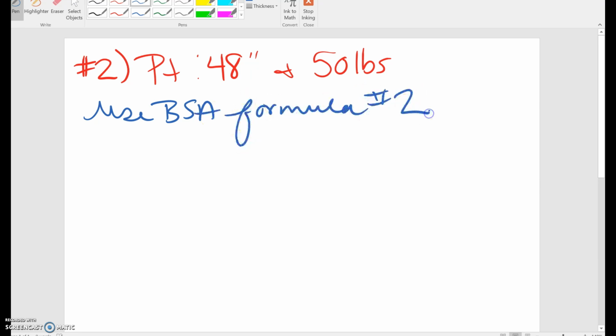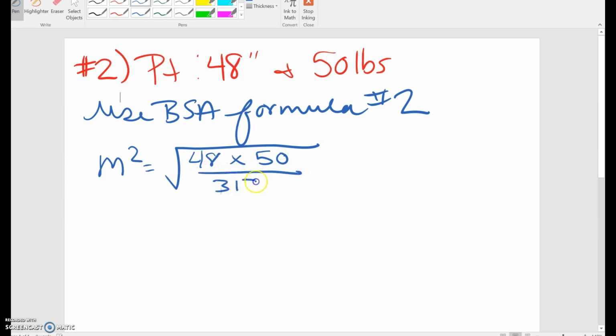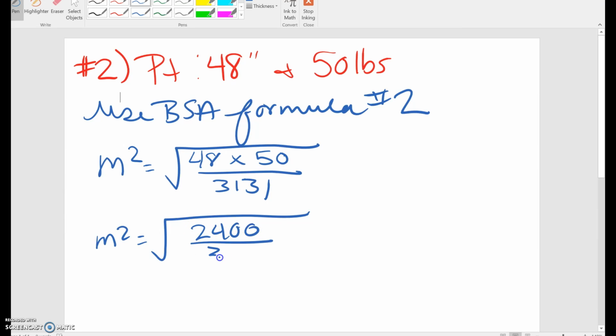number 2, where I am going to take, this is meters squared, the square root of the patient's height in inches, which is 48, multiply it by the pounds, which is 50, and divide it by 3131. I'm going to do it step by step so you guys can see it. 48 times 50, make sure my math is correct, is 2400 divided by 3131.